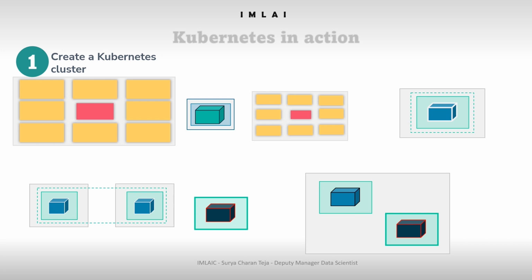The second step in the production ready flow is to deploy an app into our cluster. Once you have a running Kubernetes cluster, you can deploy your containerized application on top of it, inside the cluster.